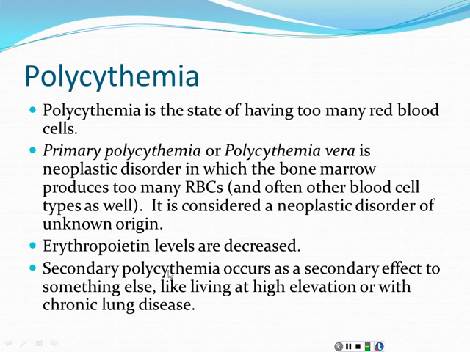Secondary polycythemia occurs as a result of something else. So, for example, the Tibetans that live very high in the mountains, and even we see a little bit of this in America at high altitude. The higher you live, the less oxygen there is in the air. So the less oxygen, the harder it is for the body to move oxygen around.